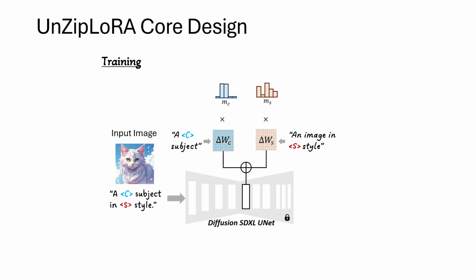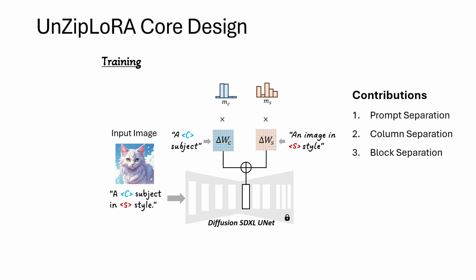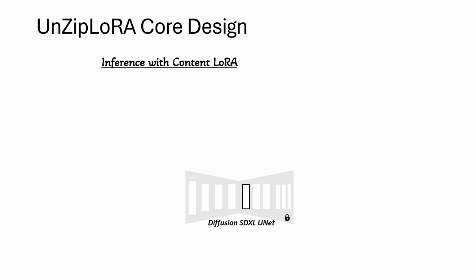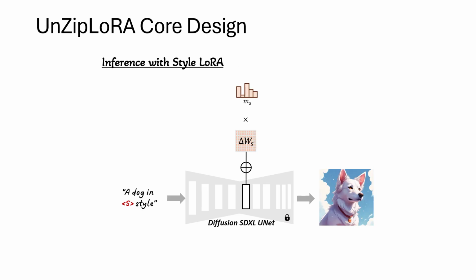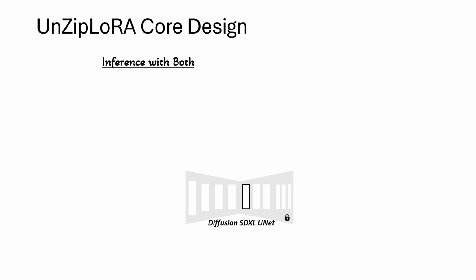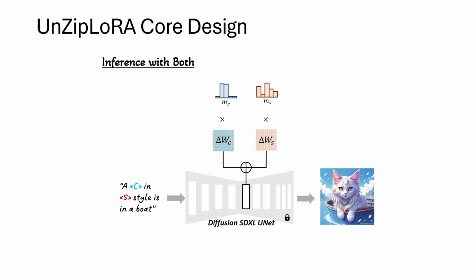To solve this problem, we have three contributions, which are prompt separation, column separation, and block separation. After training, the two LoRAs could be used for content recontextualization or style recontextualization. The two LoRAs can also be used together for a merged recontextualization with both content and style.